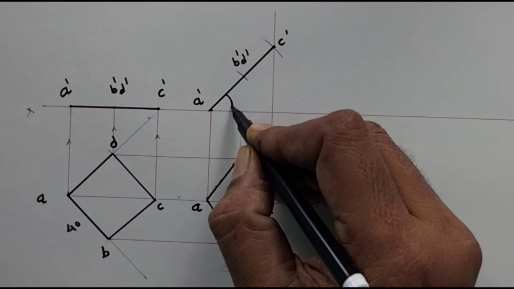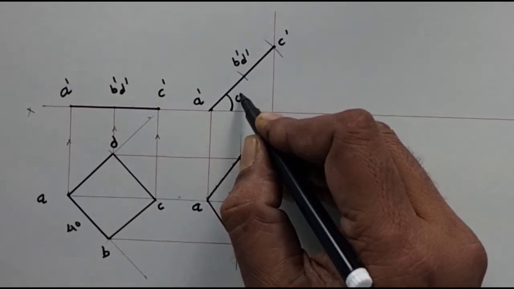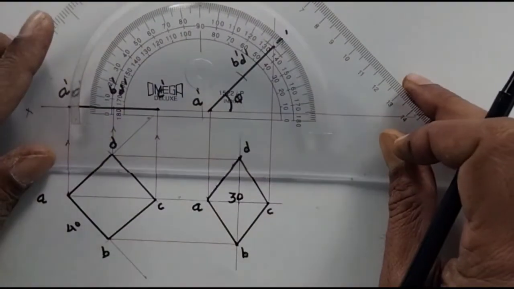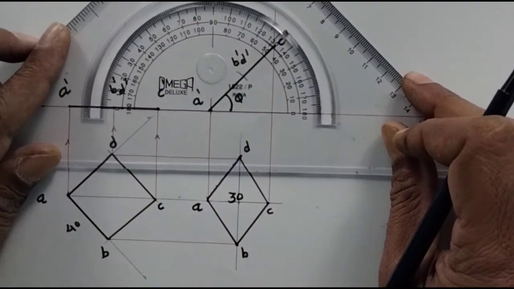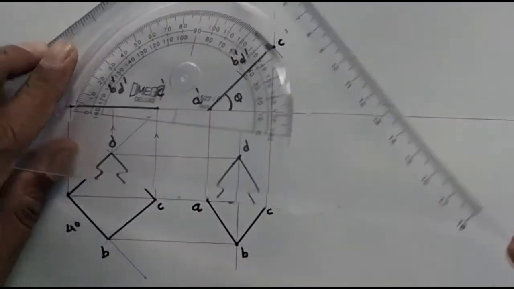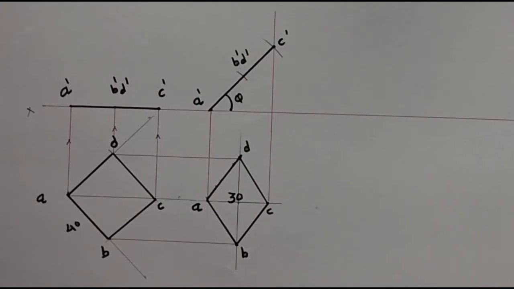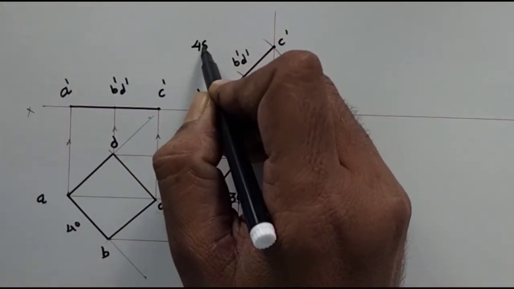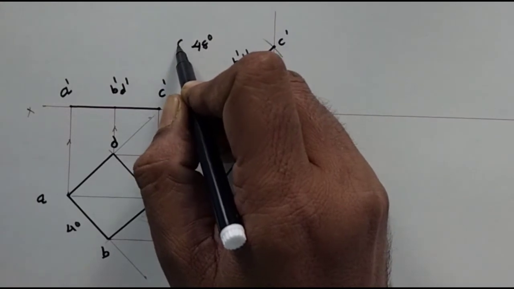If we measure this angle theta, it is called the surface inclined to HP, 48 degree, when the top view of the square becomes a rhombus. So I am writing the answer. This is my 48 degree theta.